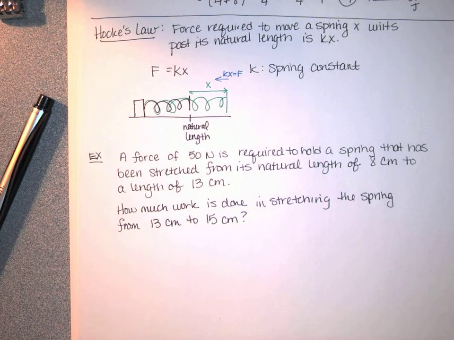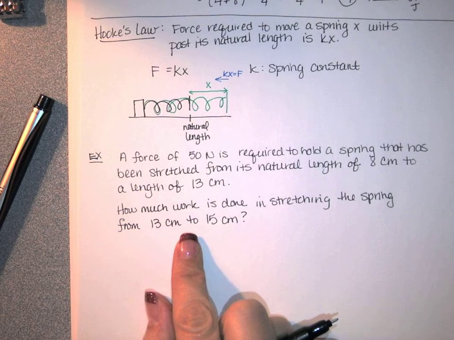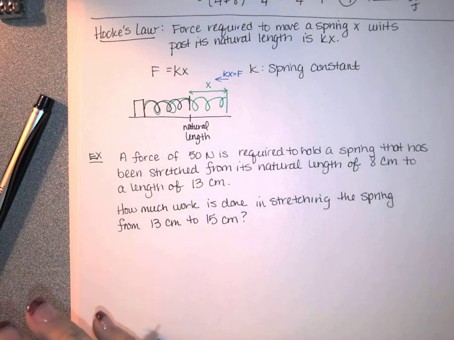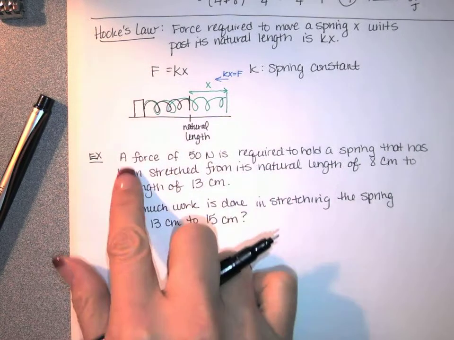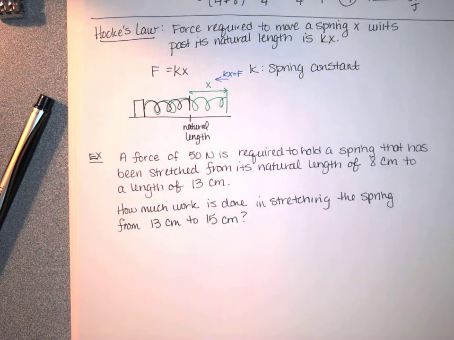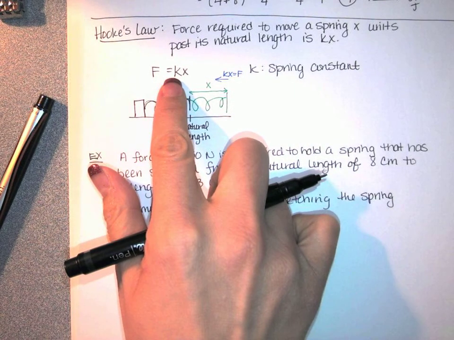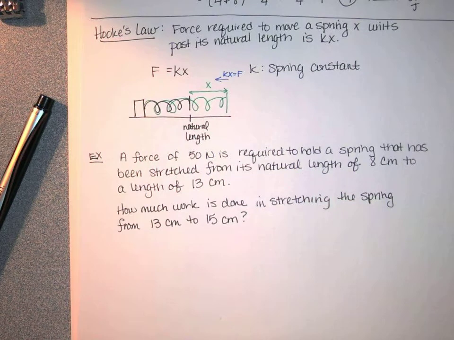Well, this is an example of variable force, so I know that I'm going to evaluate the integral from x equals a to x equals b of the variable force times dx. But this information up here is going to be enough to help us find our spring constant k.